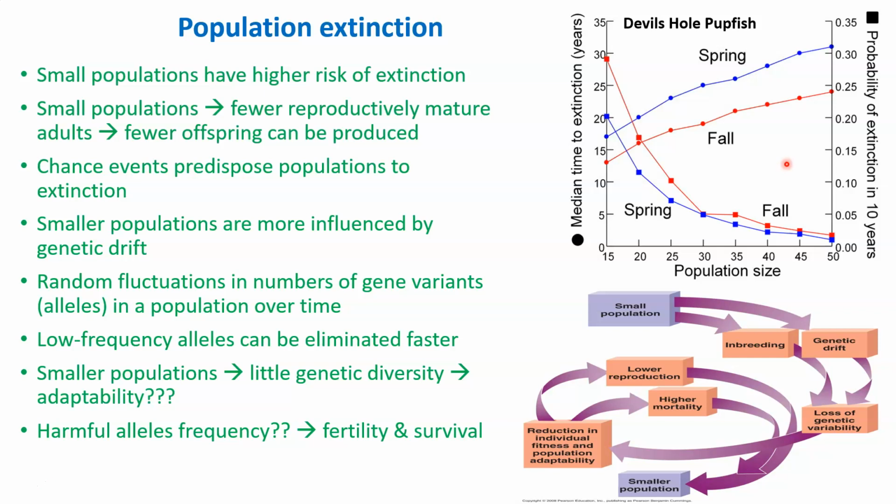And some of those harmful alleles can actually result in lethality. Meaning what? Certain lethal alleles increase the stillborn risk, right? And in certain cases, those harmful alleles could also reduce fertility. I will give you a couple of examples later on, right? So overall, if these harmful alleles increase in frequency, that will reduce reproductive success or survival.